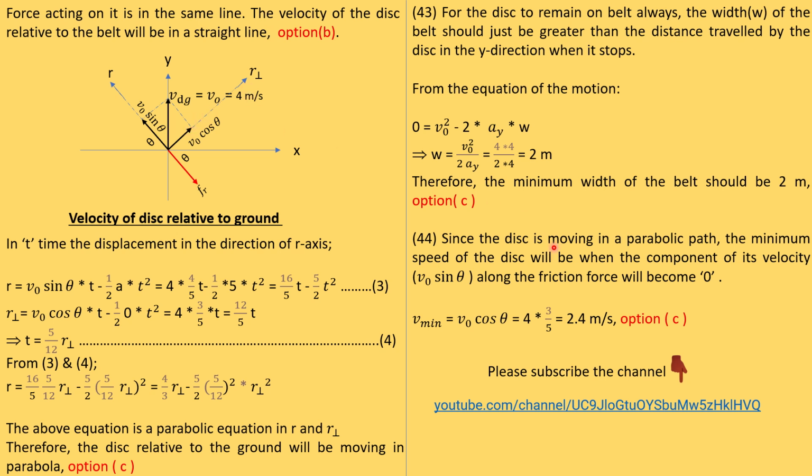So the minimum velocity the disk can achieve is when v naught sine theta becomes zero. So v minimum will be only v naught cos theta. We will put the value and calculate v minimum. It will come as 2.4 meter per second. Option C is matching with it, so option C will be the correct option.